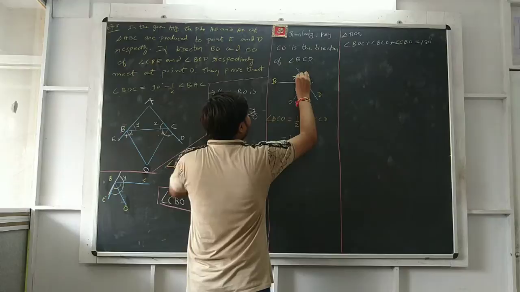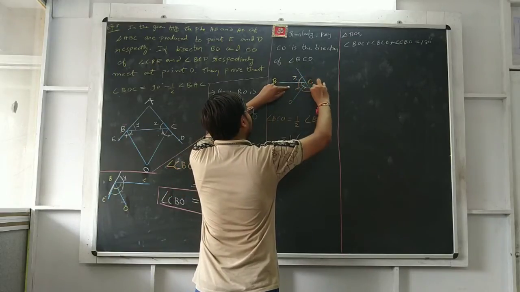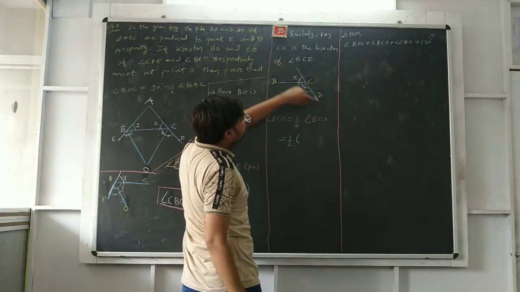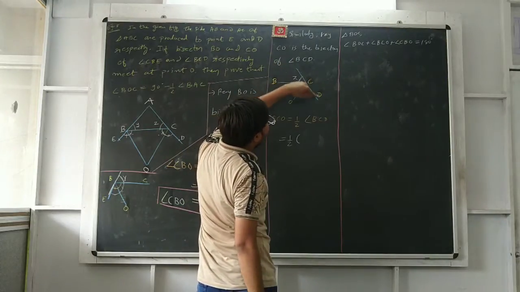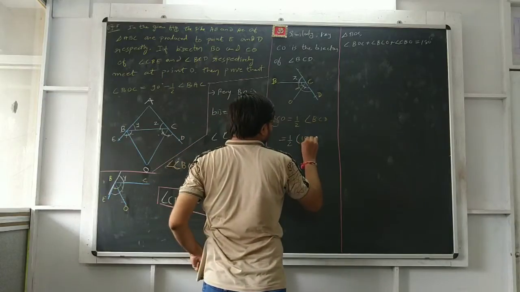Here is Z, and this is a straight line, so it is 180. Then BCD is 180 minus Z.